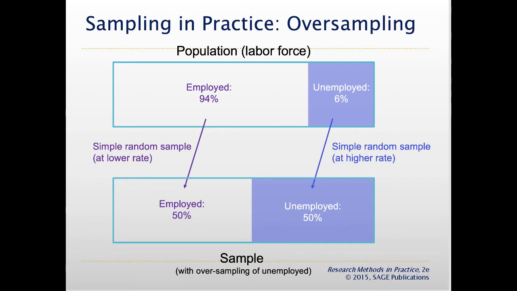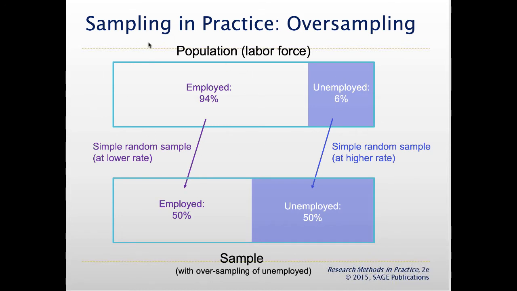A variation on stratified sampling is oversampling, also called disproportionate sampling. But it's also quite different. So again, you start by dividing your population into exhaustive and mutually exclusive groups. So think of the labor force of the United States, people who are working or trying to work, and they're either employed or they're unemployed.